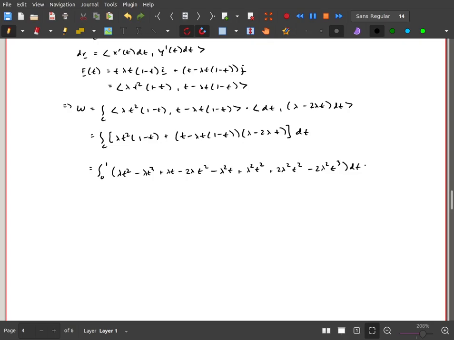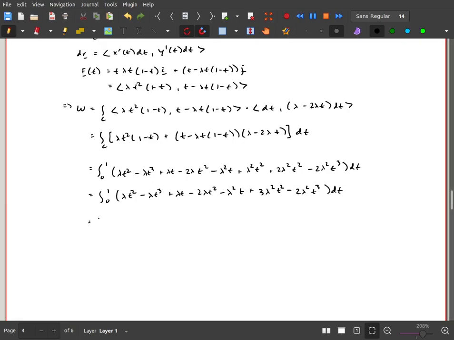All of that integrated with respect to dt. Okay, so I think we can simplify this down a little bit more. That becomes lambda t squared minus lambda t cubed plus lambda t minus 2 lambda t squared minus lambda squared t. Okay, we can add these two up. So that becomes 3 lambda squared t squared minus 2 lambda squared t cubed dt.